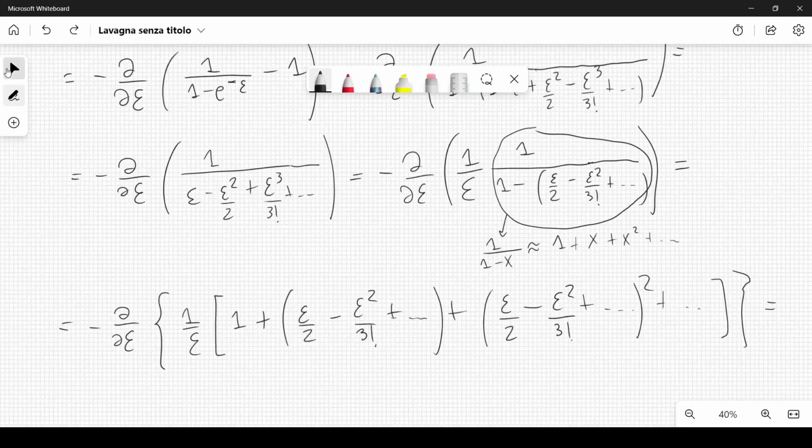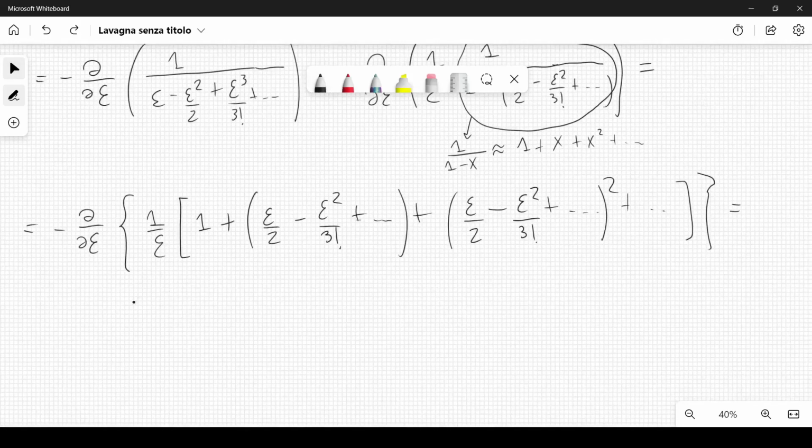And now let's consider the lower order terms.